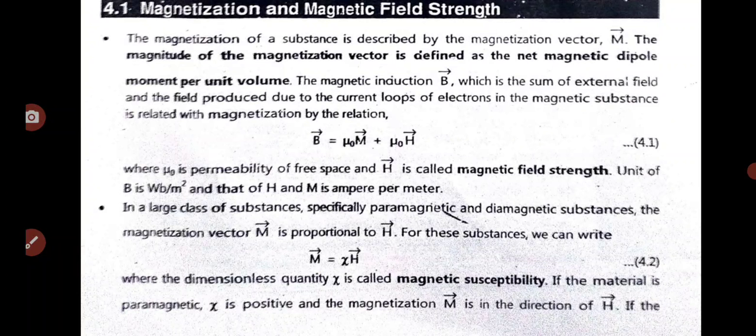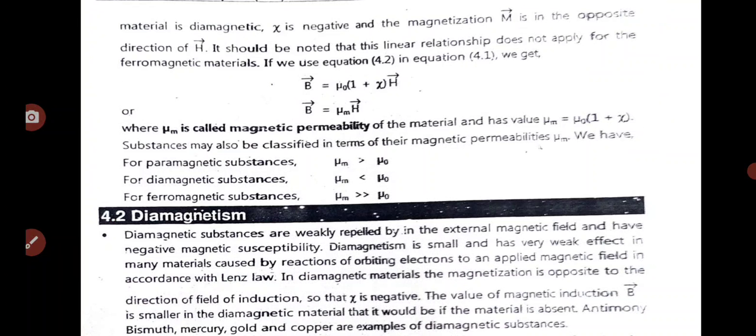This is an important point. For a paramagnetic substance the magnetic susceptibility is positive and the magnetization is in the direction of the magnetic field strength. If the material is diamagnetic, the magnetic susceptibility is negative and the magnetization is opposite to the magnetic field strength.